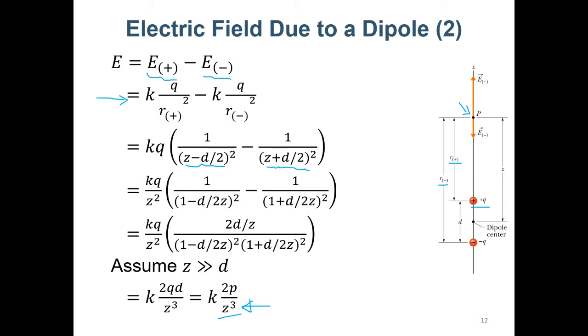So the only difference is this term. So kQ can be factored out. Then we have 1 over r plus squared, which is z minus d over 2, squared, and we have r minus squared, which is z plus d over 2, squared.